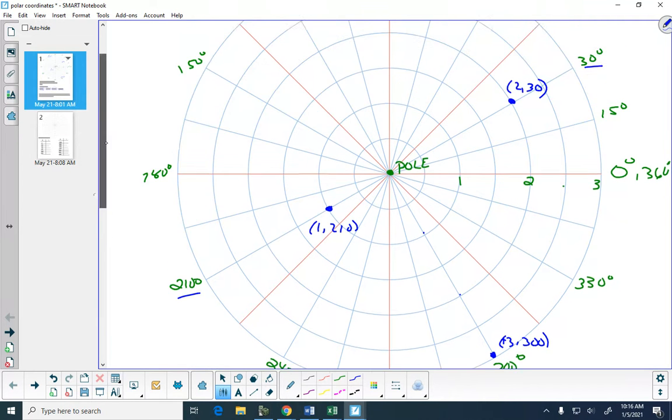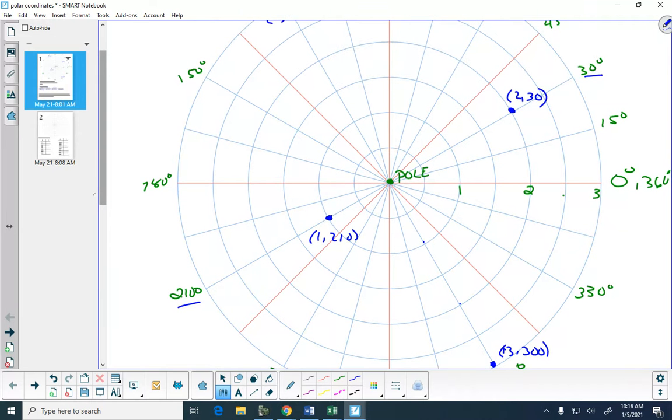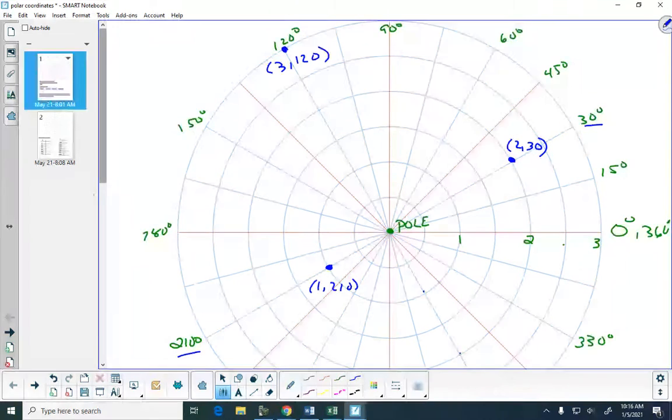The question is, what do you think we should do if I had a -3 there? What would we do when we have the -3? Well, when we talk about negatives, that negative sign also means the opposite.